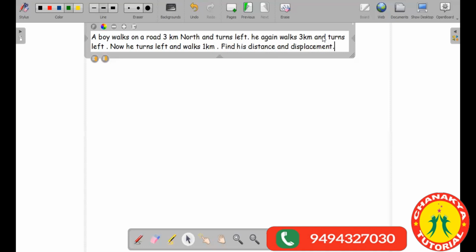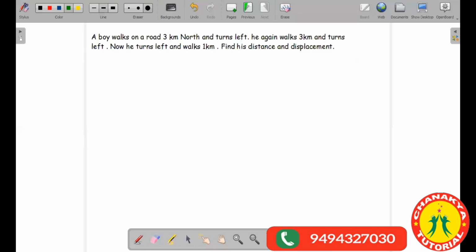Now to find his distance and displacement, first of all, since the direction is given in the beginning as north, we will represent our directions with north, south, east, west.